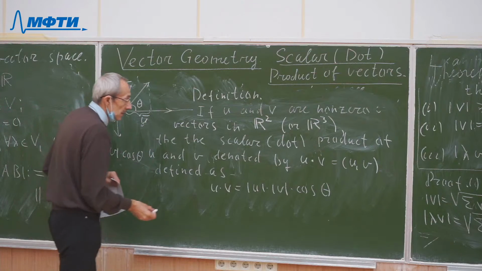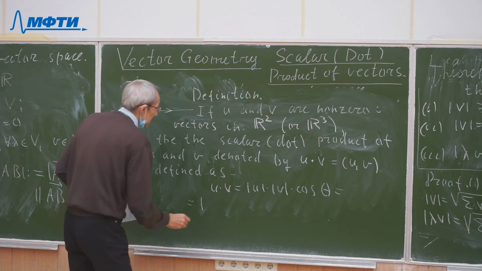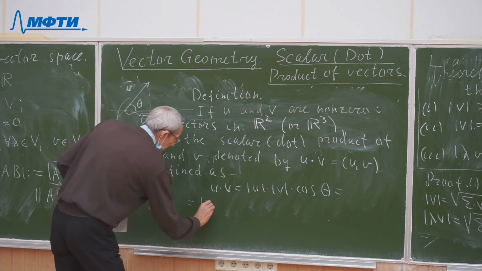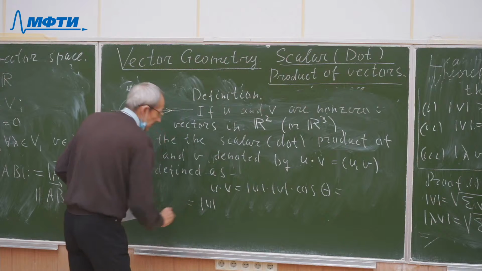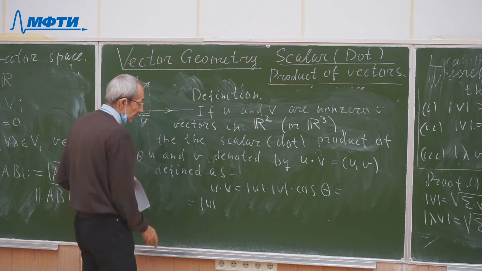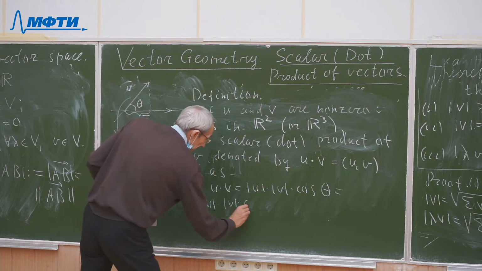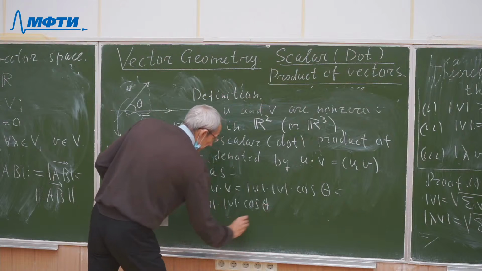So the scalar product is exactly the product of the length of vector u and the projection of vector v on vector u.